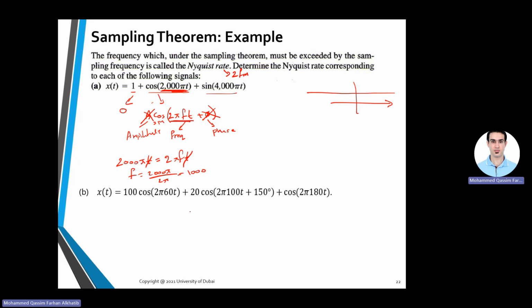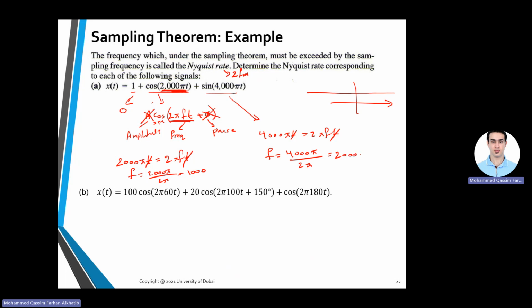So the frequency of the first signal is 1000. What about this one here? Similarly, I will have 4000 pi t equals 2 pi f t. t and t will be gone. f will be 4000 pi over 2 pi, 2000.